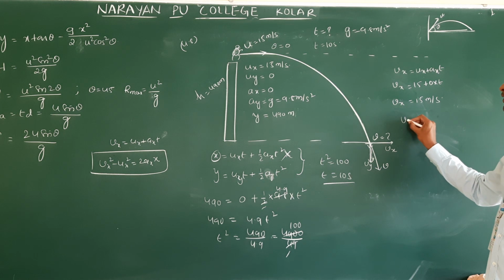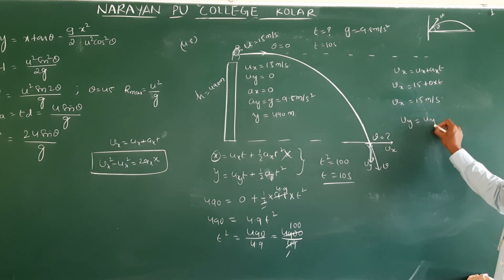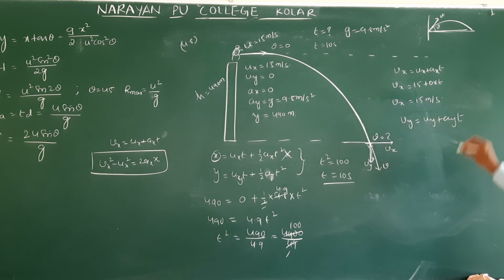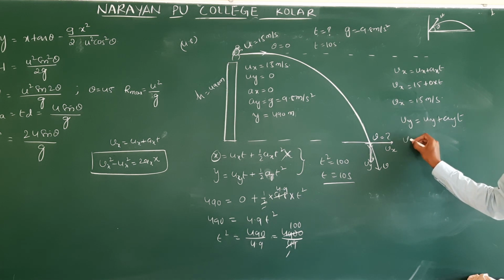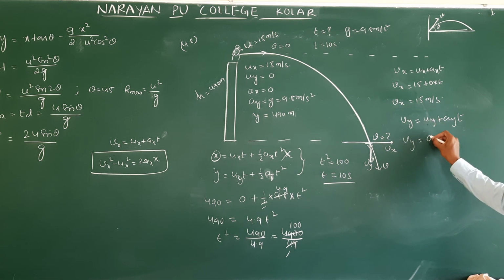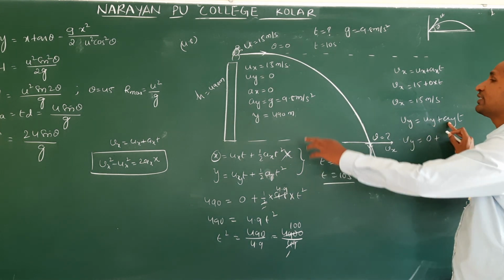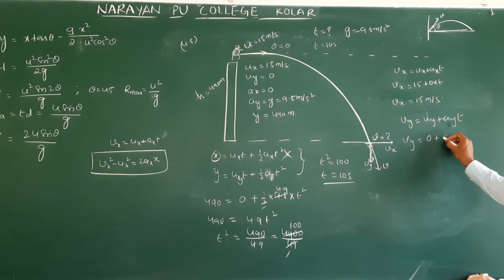Next Vy. Vy is equal to what? Uy plus Ay t. Then Vy is equal to Uy, the initial velocity along y direction, which is 0, plus Ay, the acceleration along the y direction, which is 9.8, into what is the time? 10 seconds.